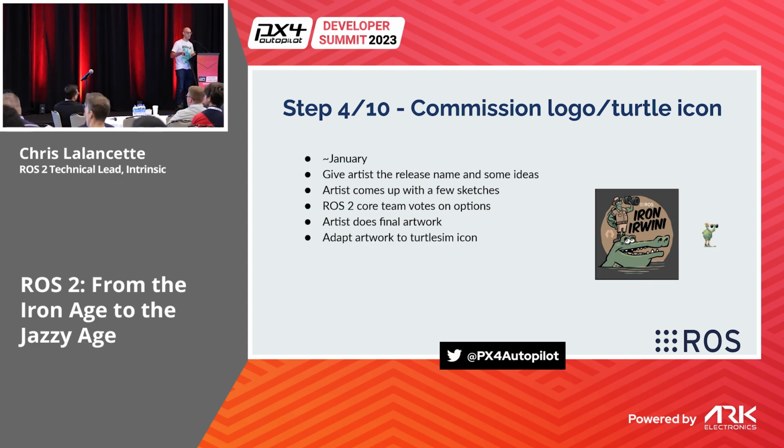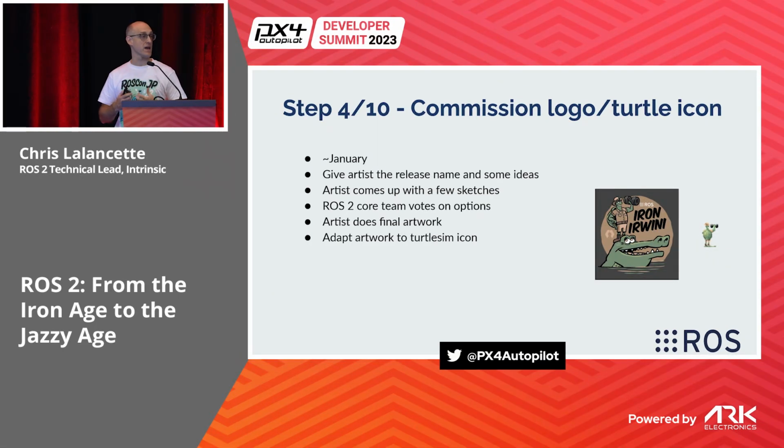We also have a logo. This is the other fun part of doing ROS 2 releases. I make it sound like the rest is just chores, but you know. The other fun part is we always have a logo that goes along with it. So we have an artist, Joshua Ellington, who's done all of our ROS art for many, many years now, including the ROSCon shirts.